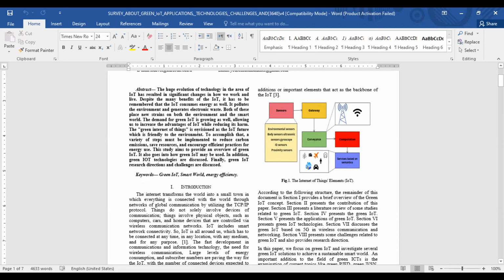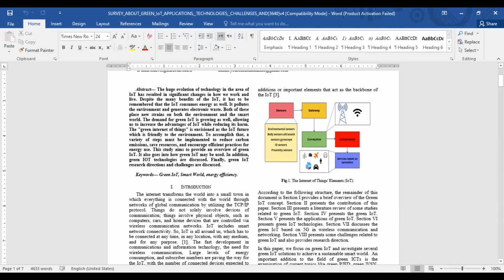The green Internet of Things is envisioned as the IoT future, which is friendly to the environment. To accomplish that, a variety of steps must be implemented to reduce carbon emissions, save resources, and encourage efficient practices for energy use. Our paper aims to provide an overview of green IoT.